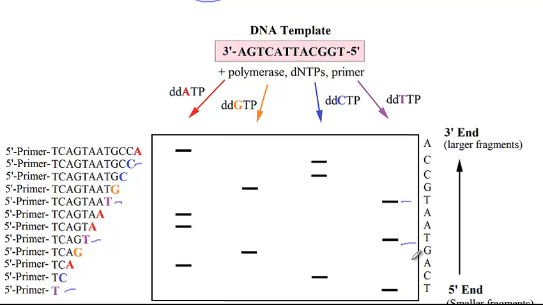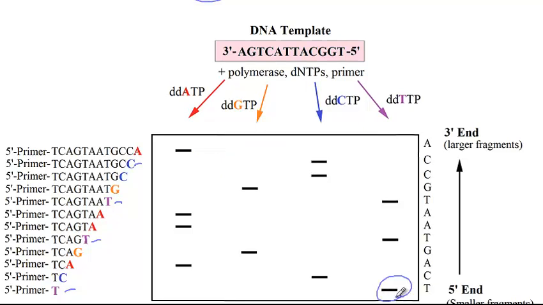If you pay attention, all these nucleotides are being separated based on the fact that there is only 1 nucleotide length difference between every one of them. That's good enough; the resolution is high enough for us to get the right sequence. So which of these DNA fragments is larger? We always know that the top ones are larger because it takes longer for them to go through the agarose gel pores, while the shorter ones run faster.